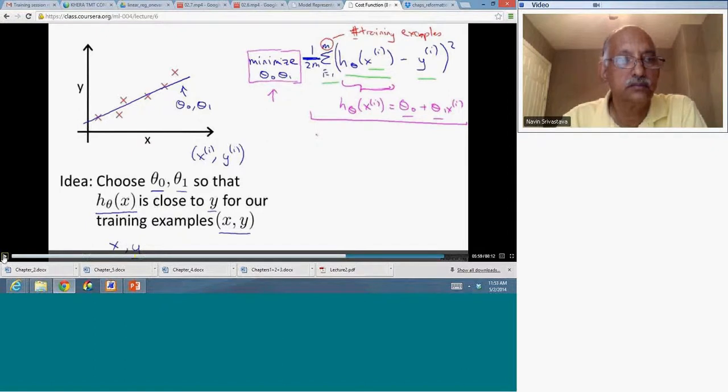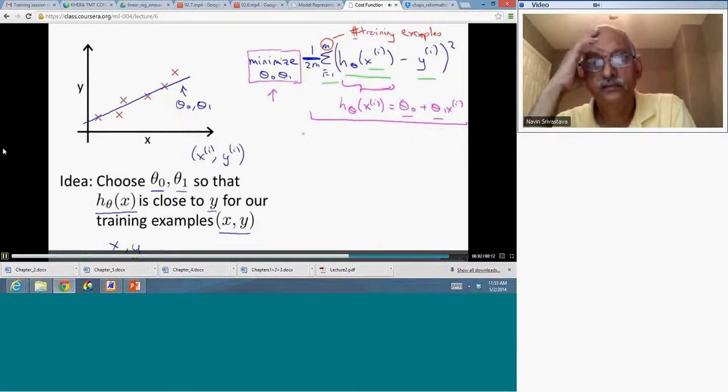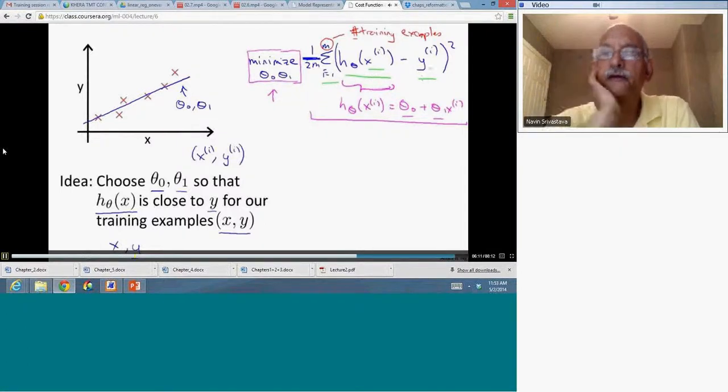Theta 0 and theta 1. The 1 over 2n times the sum of square errors between my predicted values on the training set minus the actual values. So this is going to be my overall function for regression.